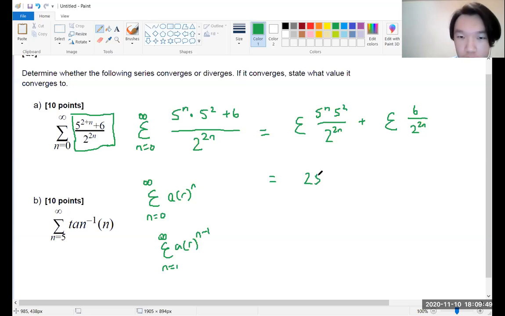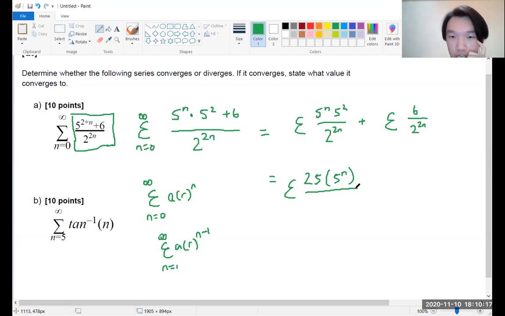Let's do that. 25 times 5 to the n. Okay. How do we split the 2 to the 2n? 4 to the n?